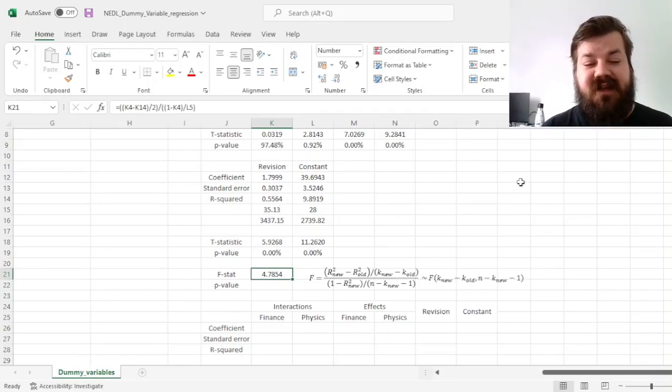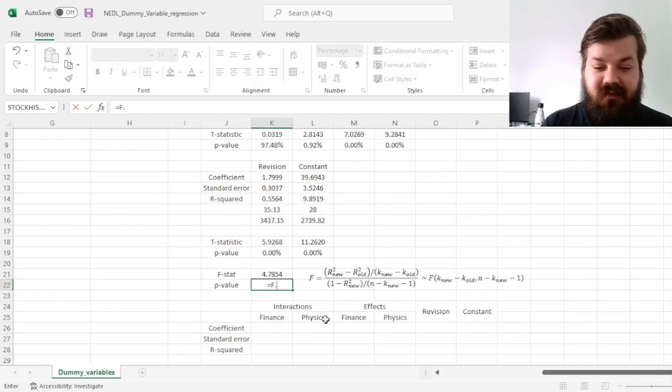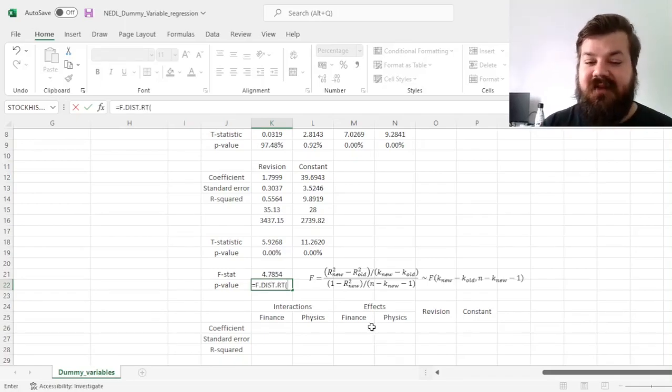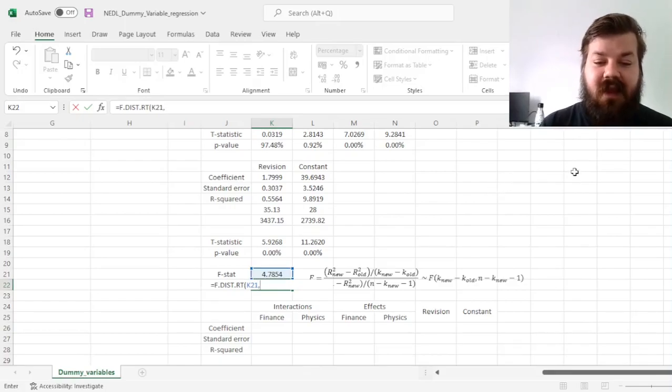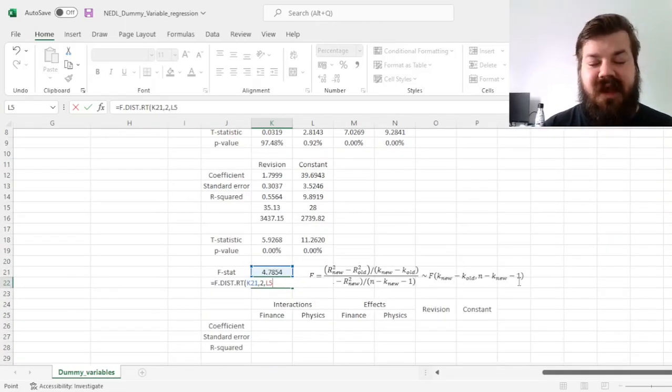This produces an f-stat of 4.79, which can be tested for significance using the right-tailed f-distribution, F.DIST.RT, inputting the f-stat first, and then as our degrees of freedom, we input first the number of new parameters, which is 2, and then the residual number of parameters in the expanded, new, unrestricted model.